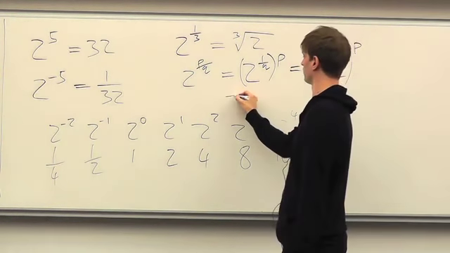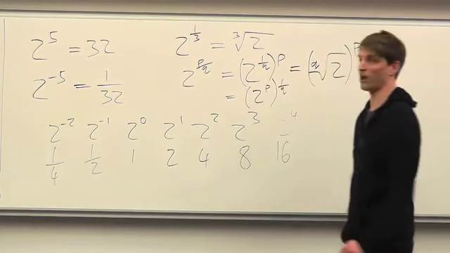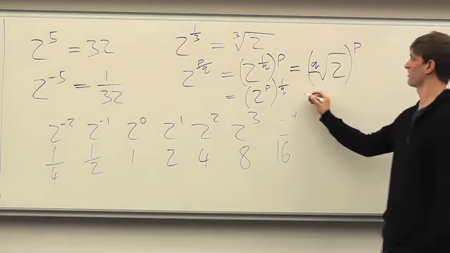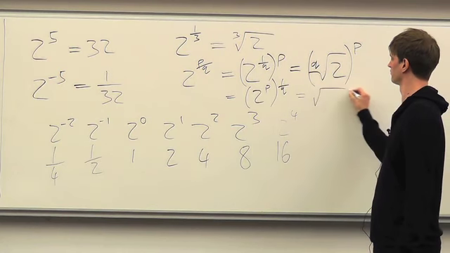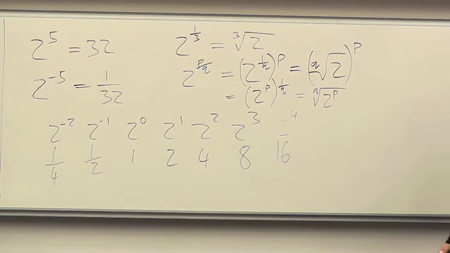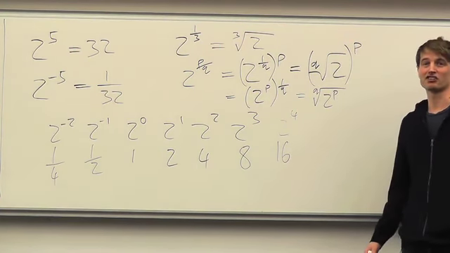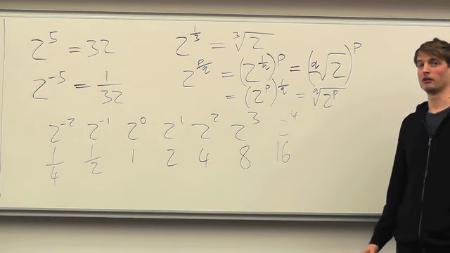Or equally, I can write it in this form, 2 to the p to the power 1 over q, in which case this is just taking the qth root of the pth power of 2. So it's great news. We understand how to raise 2 to the power any rational number.